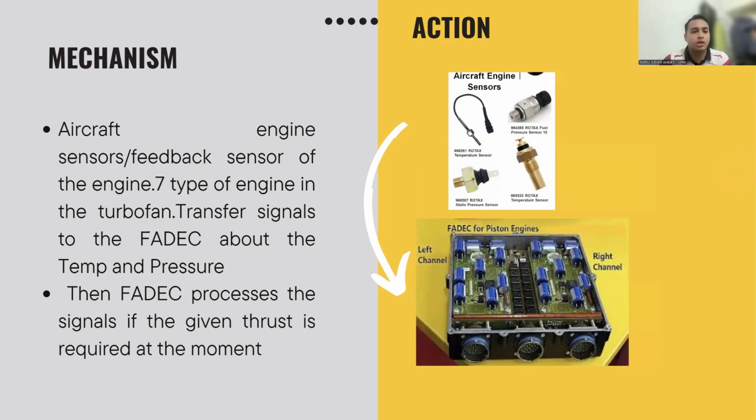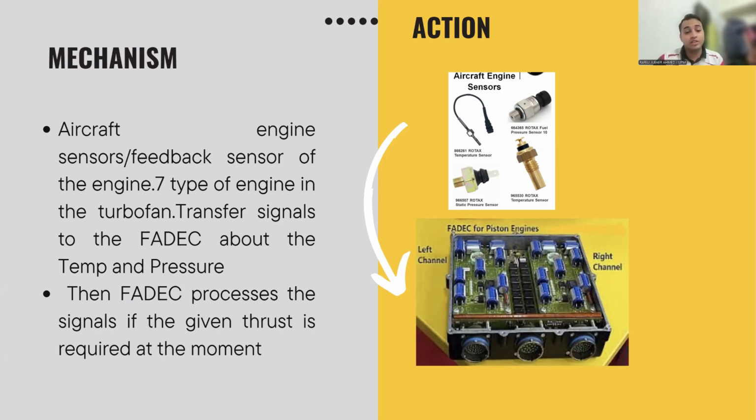Aircraft engine sensors are also called feedback sensors. There are 7 types of feedback sensors here. I'm sorry, my laptop is not working, so I have to use my friend's laptop.